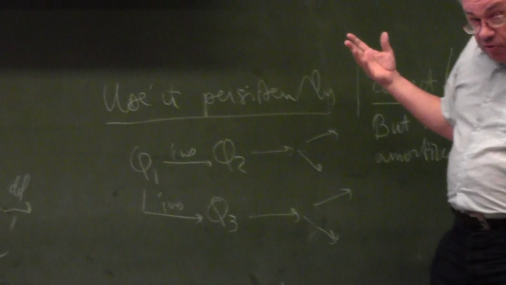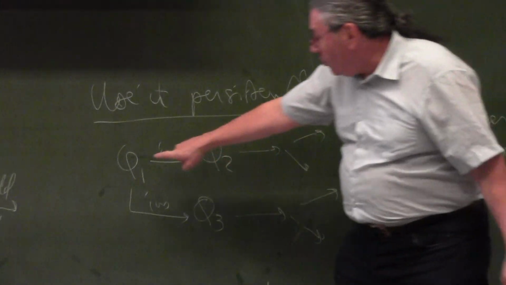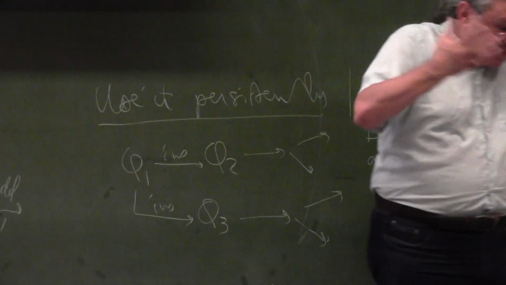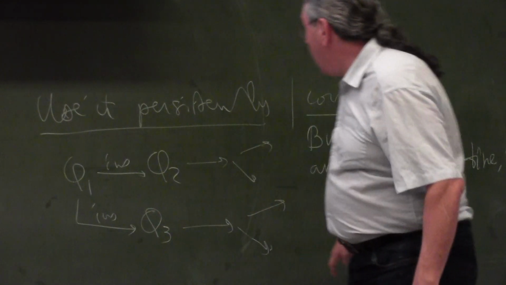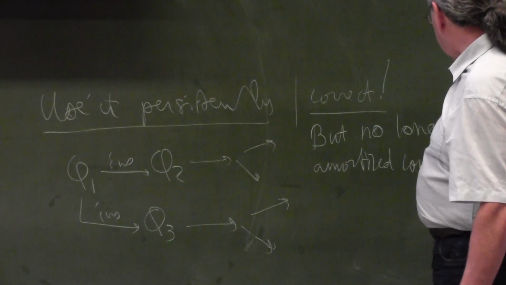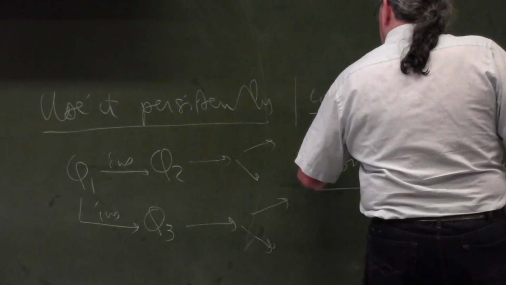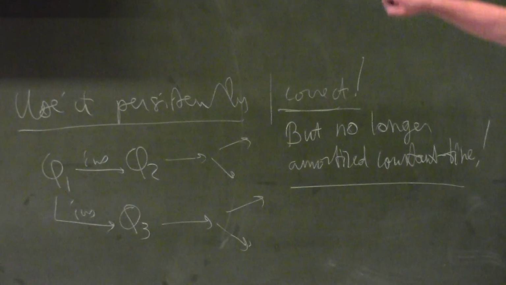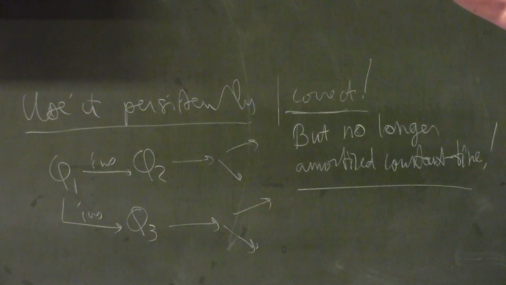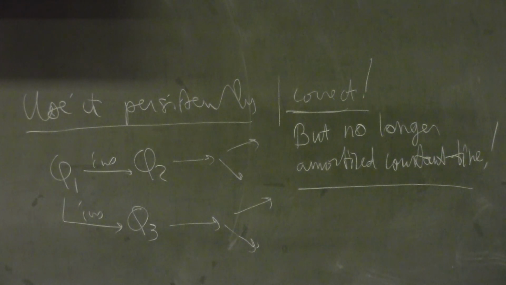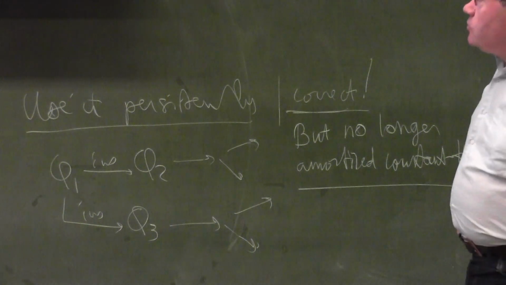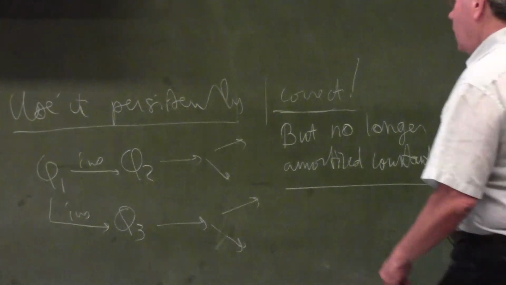It works, it's correct, because these old Qs are just data structures, they're still there. But it's not amortized constant time anymore. So this is not a solution to amortized constant time persistent, because it's not constant time anymore. Why not?